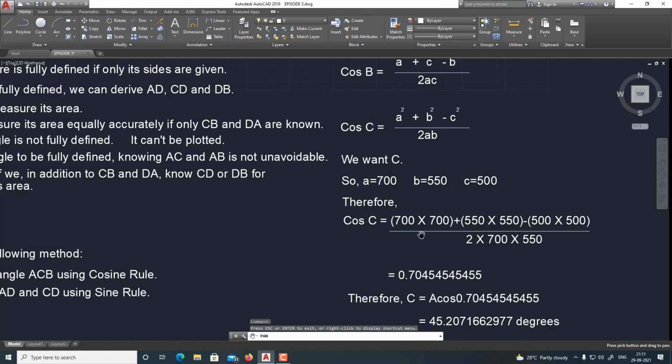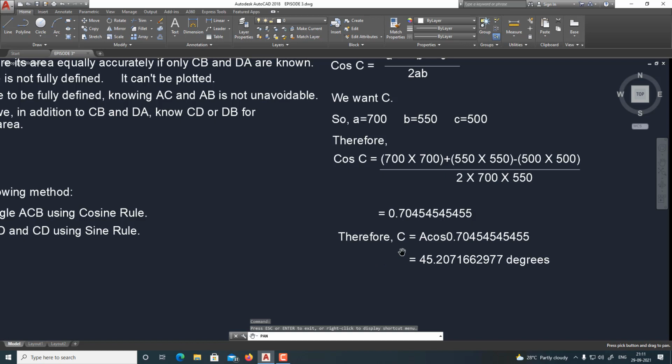A squared means 700 into 700 plus b squared means 550 into 550, minus c squared means 500 into 500, by 2 into 700 into 550. After simplifying this expression, we get 0.704545. This is the number.